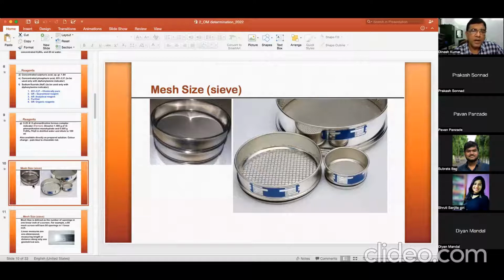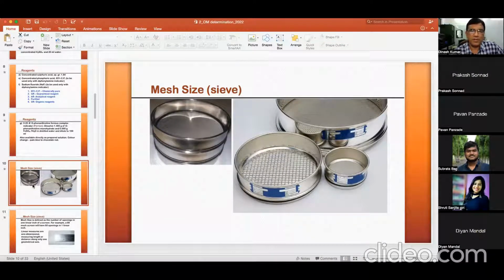Suppose it is a 100 mesh sieve. Is there anybody from soil science who knows about mesh?